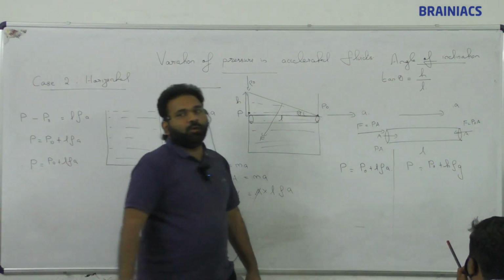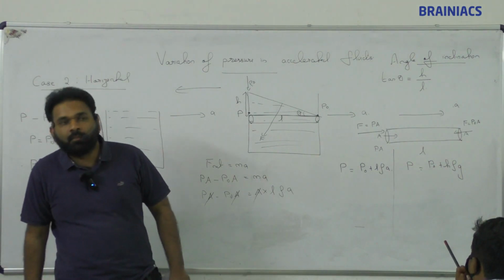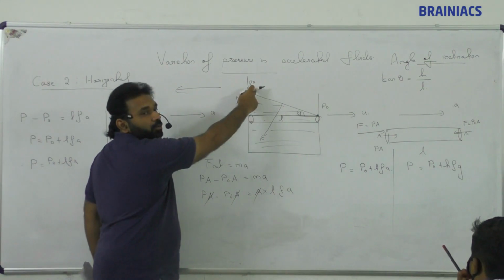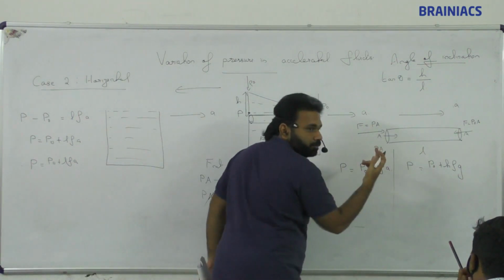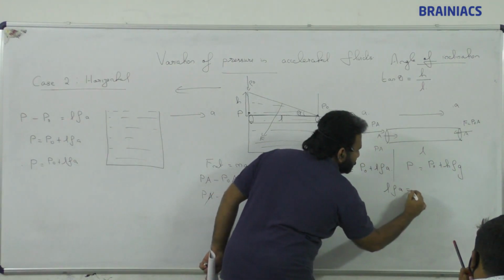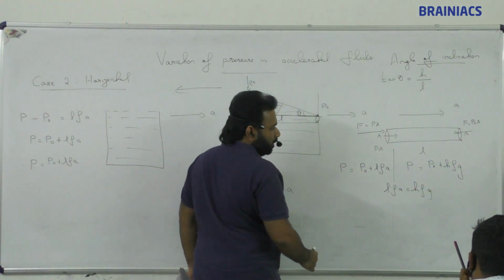From that formula we got P is equal to P naught plus L rho a. From the other way we can say this is P naught plus H rho g. So both are the same, no? So can I write that L rho a is equal to H rho g, correct?